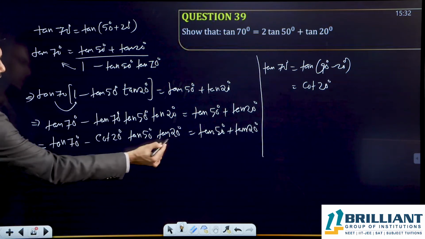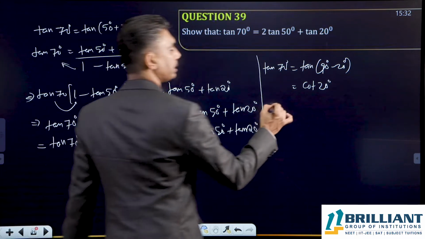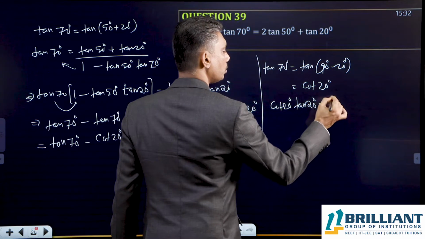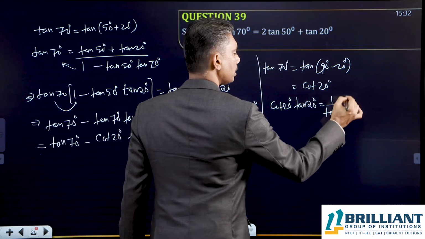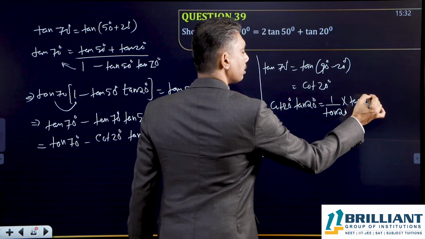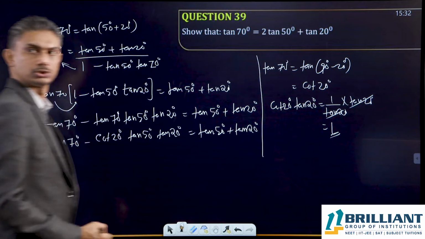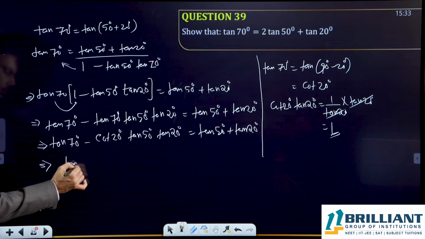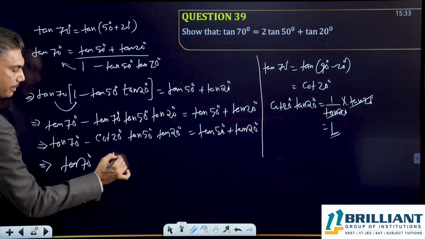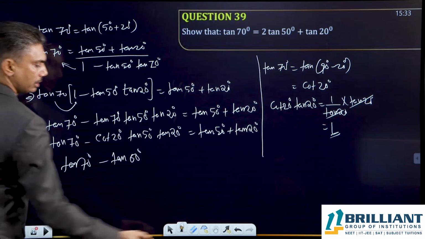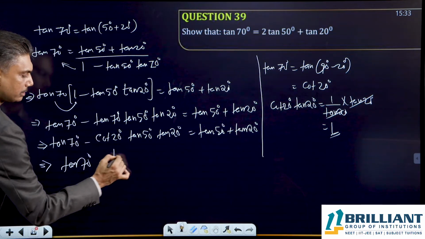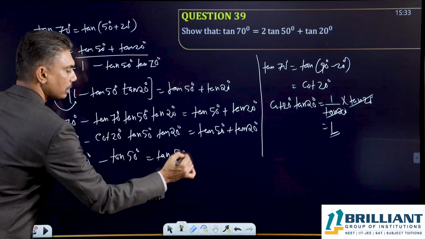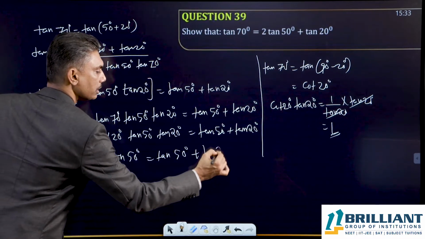Now what is cot 20 into tan 20? Cot 20 into tan 20 equal to 1 by tan 20 into tan 20 equal to 1. So you will be getting tan 70 minus tan 50 equal to tan 50 plus tan 20.